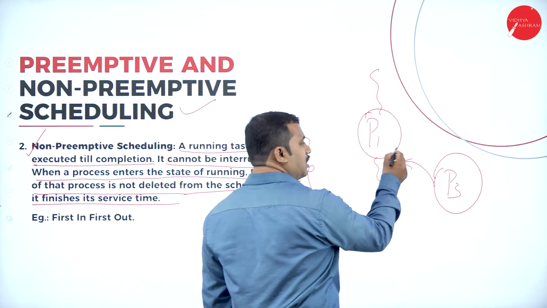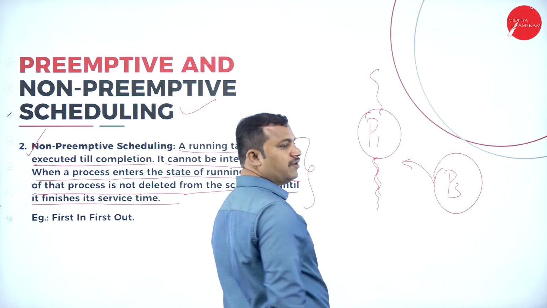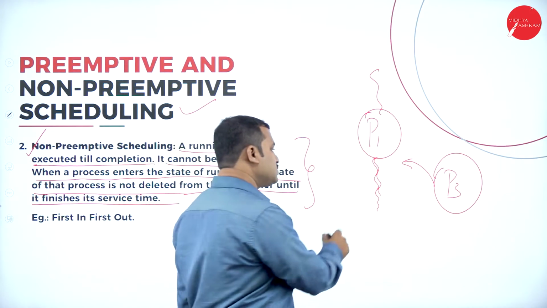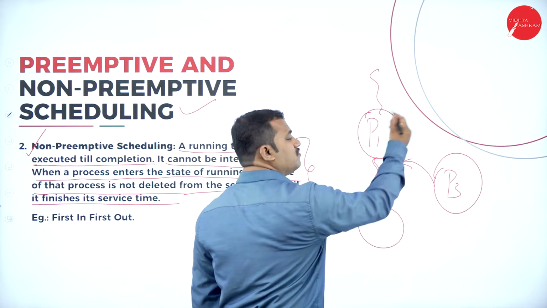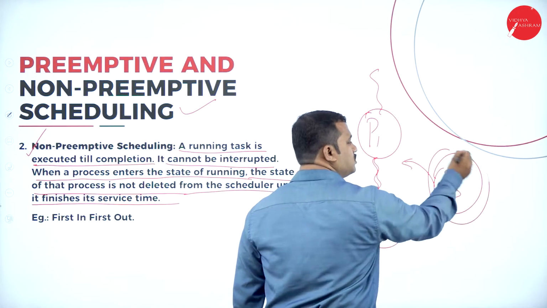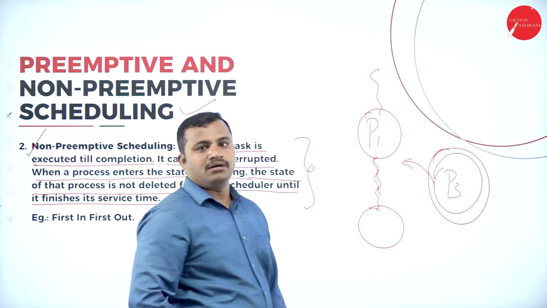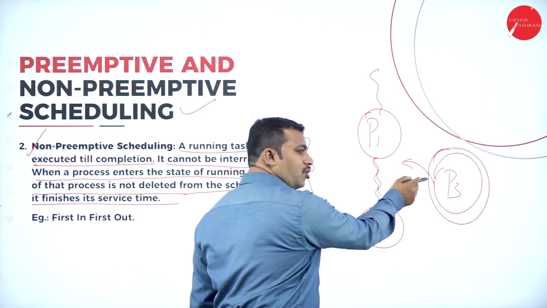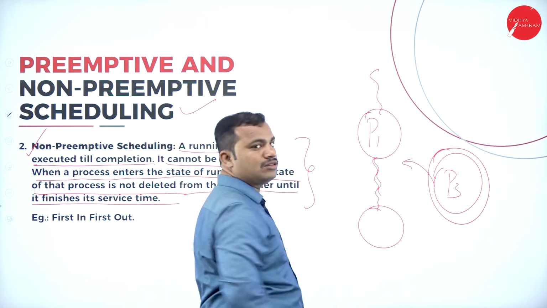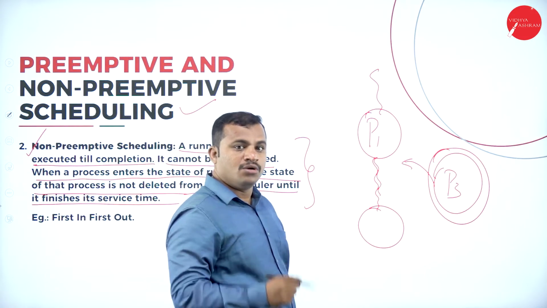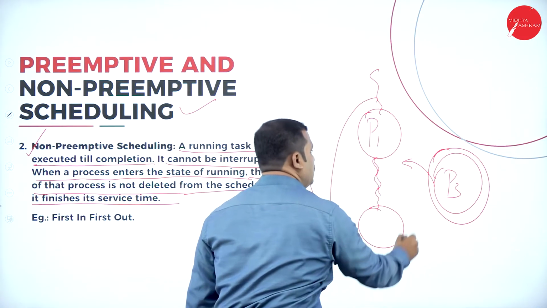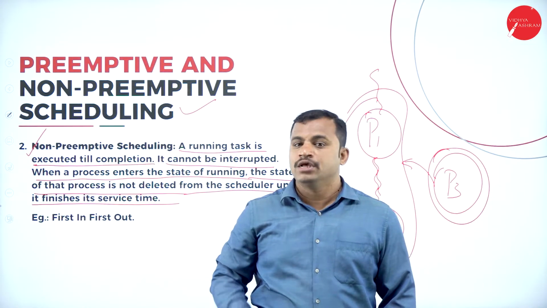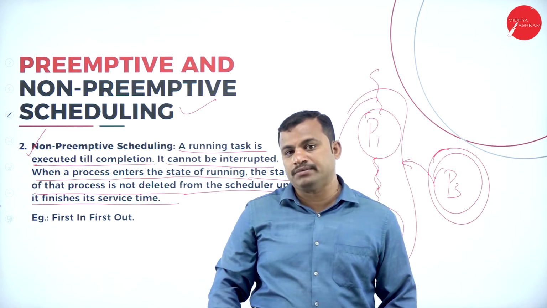It will continue the execution of process P1 once it enters the running state, and as soon as it is completed, it gives priority to the next process which is under requirement. That means the process which needs to be executed under priority is continued with resource allocation only once P1 is completely executed. That is called non-preemptive CPU scheduling.